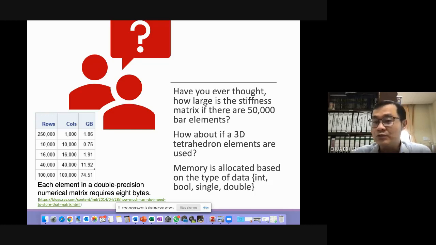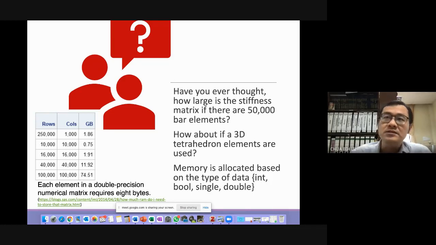This is only storing, without doing any manipulation. If you want to run software consisting of 50,000 bar elements, assuming a 50,000 by 50,000 matrix, this matrix will be loaded to the RAM, the memory of your computer.